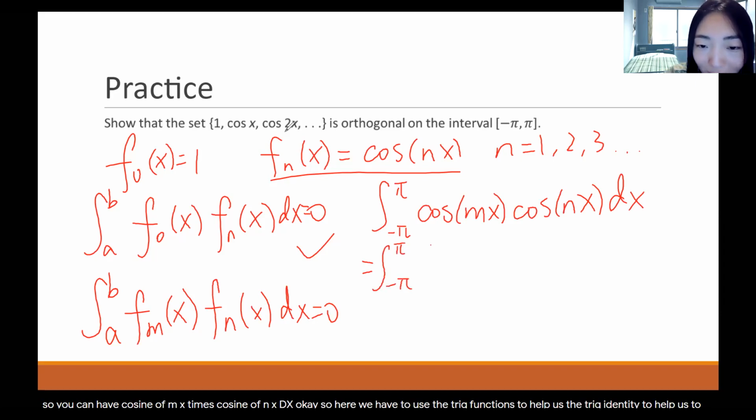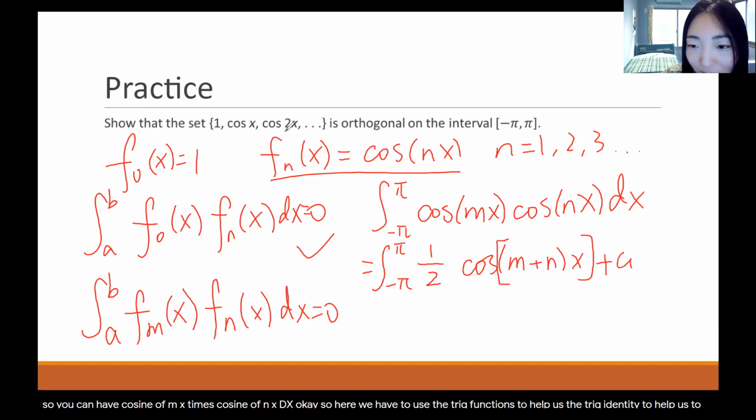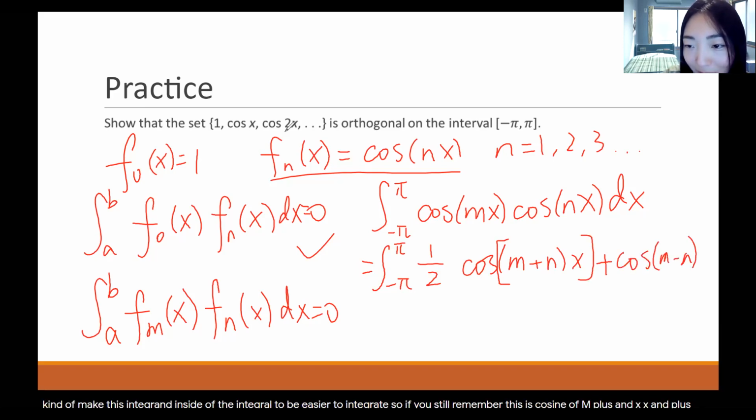So if you still remember, this is one half times the quantity cosine of m plus n times x plus cosine of m minus n times x, dx. And then I should have another parenthesis here.